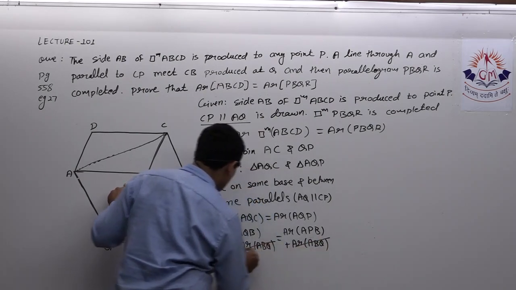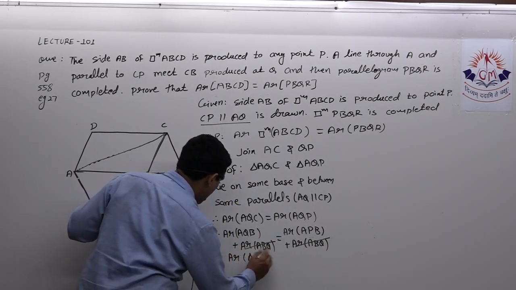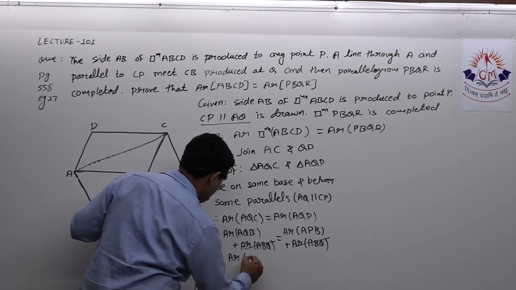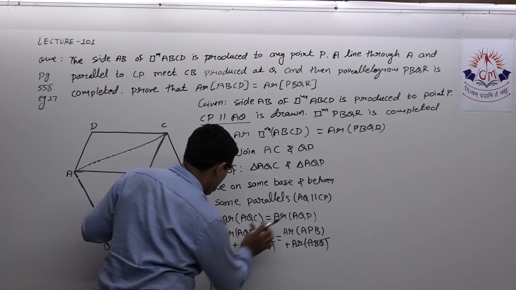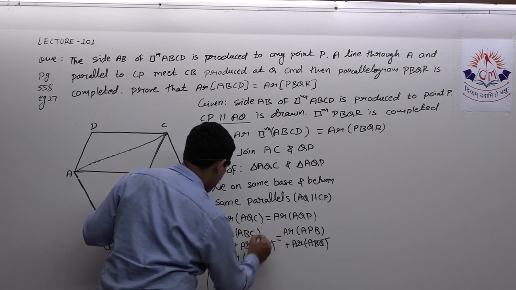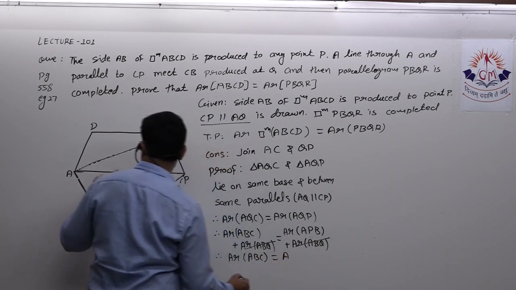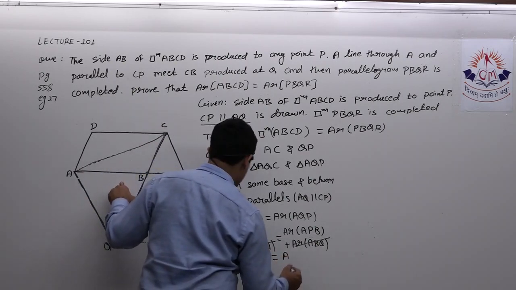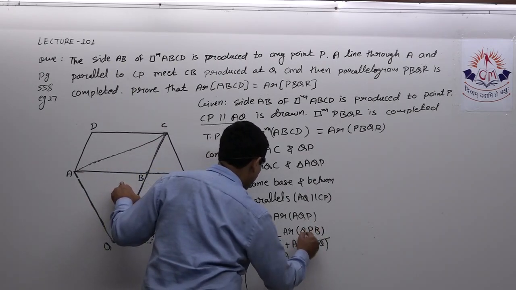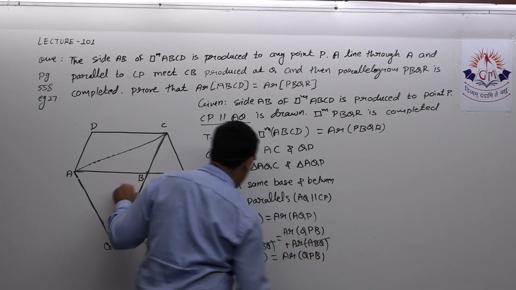So this I can cancel, and ultimately here I get area, not AQB, it should be ABC. Area ABC is equal to area QPB. Okay, let me explain you once again.